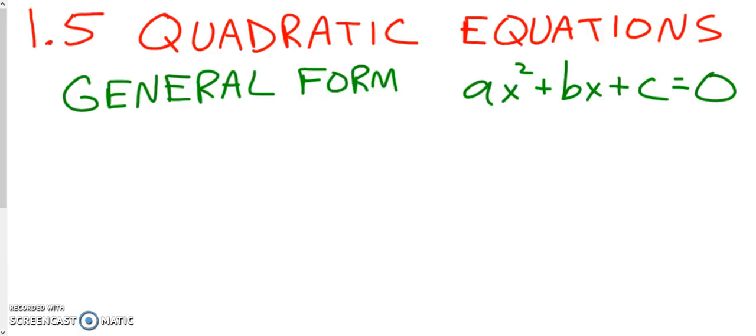And in order to take advantage of factoring, we need to take advantage of what's called the zero product property, or the zero product principle, as our book calls it. I think last semester I called it the zero factor property or something like that. I don't remember what I called it. Different textbooks call it different things, but it's the same principle.